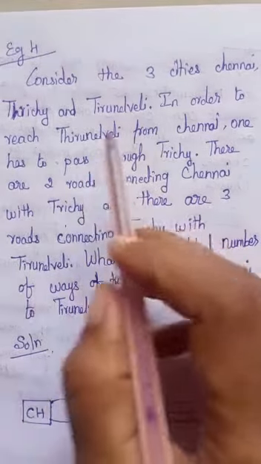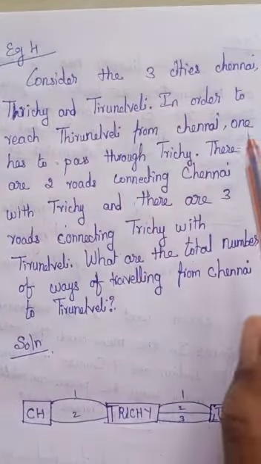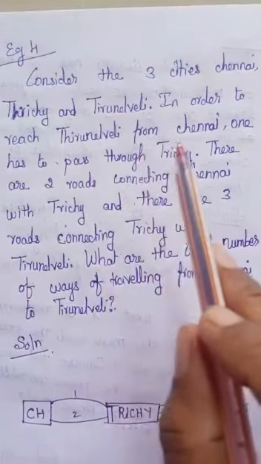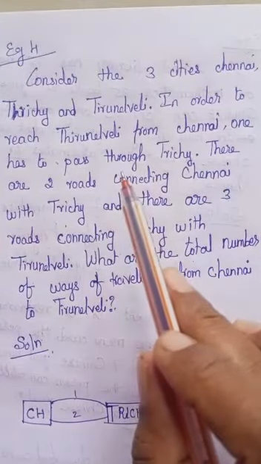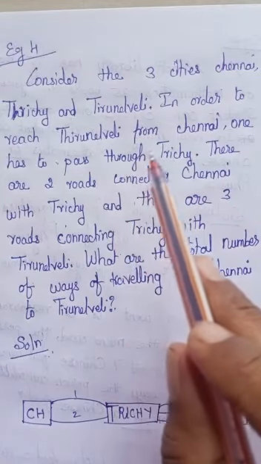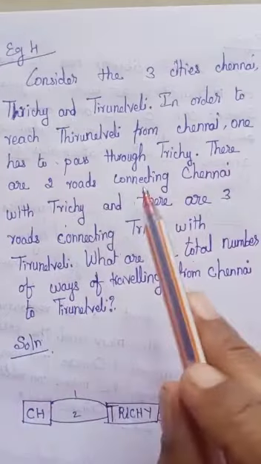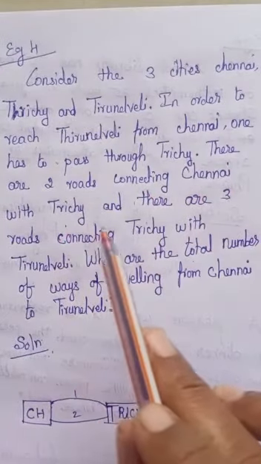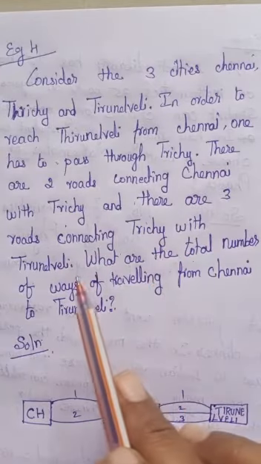Say the example. Consider the three cities Chennai, Trichy and Tirunelveli. In order to reach Tirunelveli from Chennai, one has to pass through Trichy. There are 2 roads connecting Chennai with Trichy, and there are 3 roads connecting Trichy with Tirunelveli.